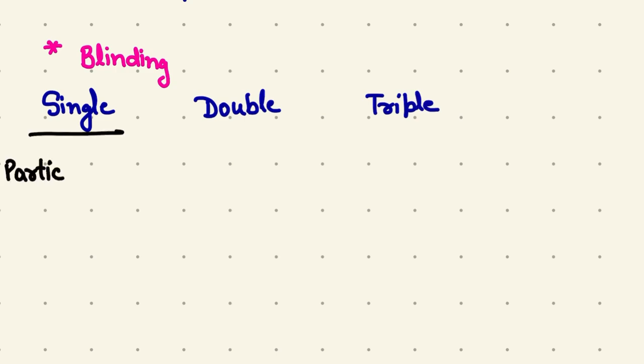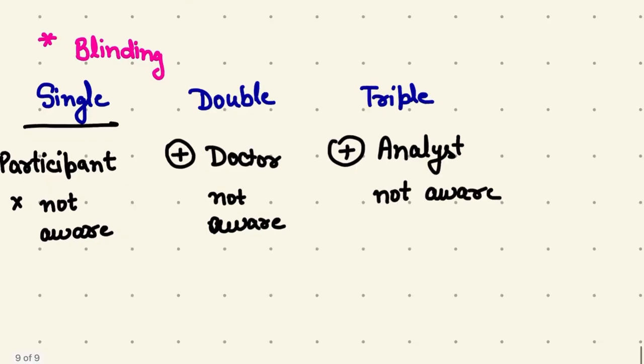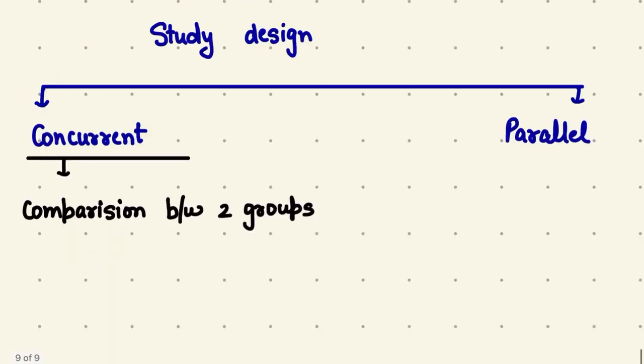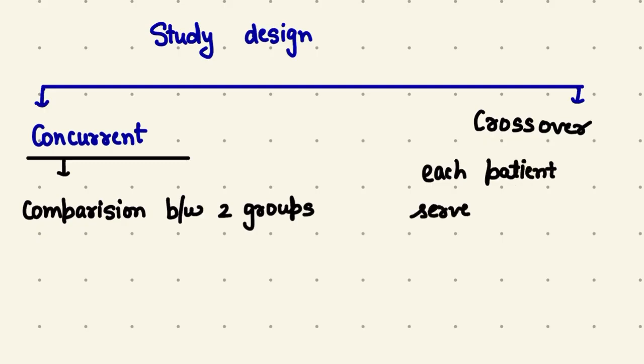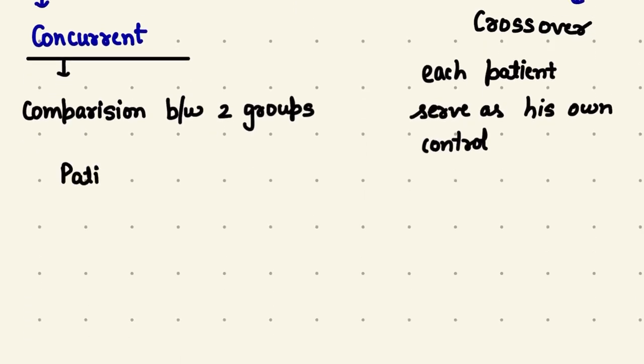Another major important step is blinding, which can be single, double or triple. Single blinding में only the participant is not aware, double में the doctor is also not aware, and in triple even the analyst is not aware. Major study designs are concurrent and crossover. Crossover में each patient serves as his own control, and concurrent में there are two groups.